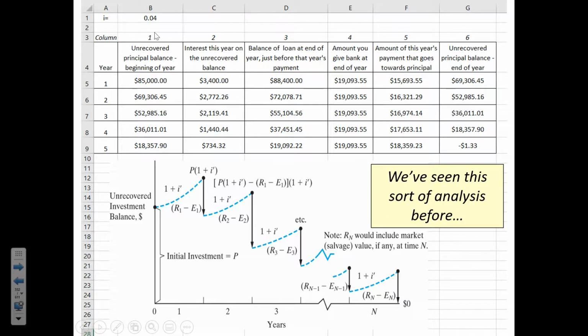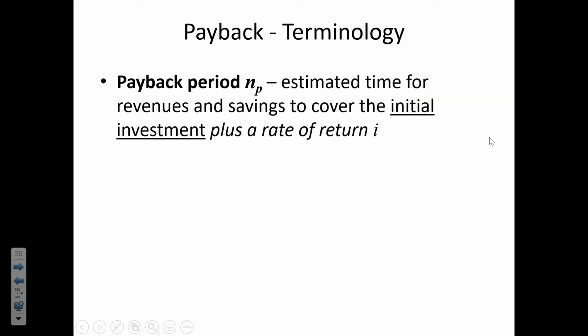In that previous example, we numbered the columns, and I gave you a little formula that told you how to calculate each one of those columns. So we've seen this idea of unrecovered investment balance, and when it finally goes down to 0, the equipment is paid off, and any subsequent use of the equipment after it is paid off is profits.